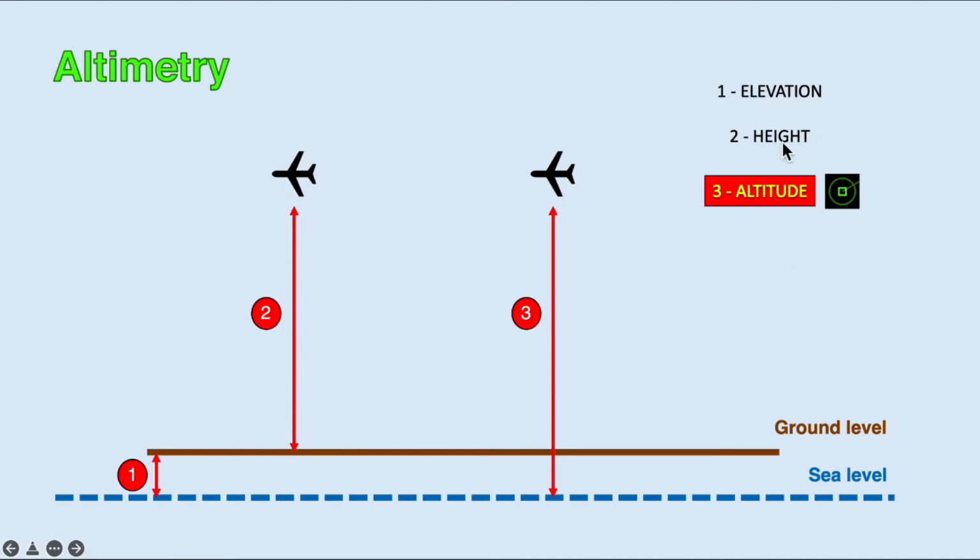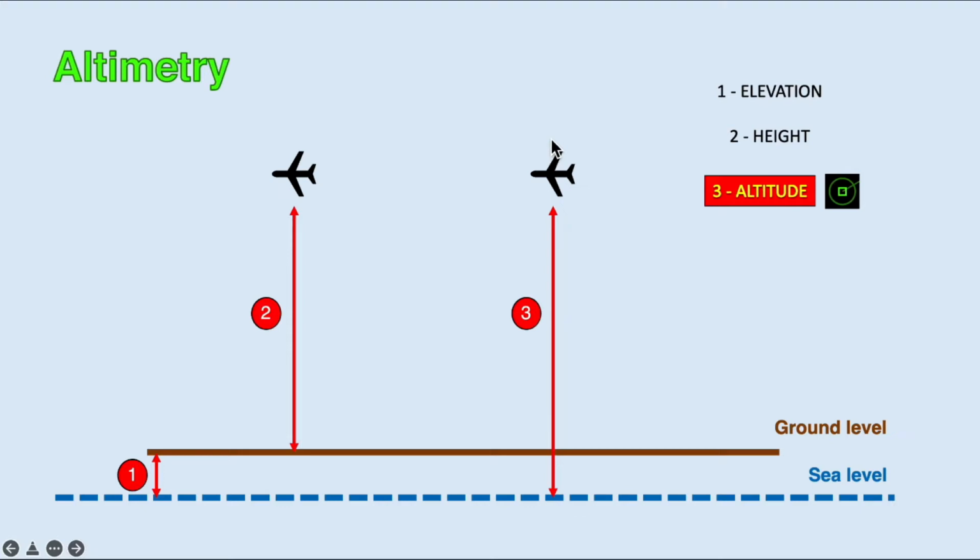When we're talking about height, we are talking about the distance between the ground level and the plane. And when we're talking about altitude, and I highlighted the altitude because this is the term that we use in aviation more, and of course we're going to use this term when playing Endless ATC, it is the distance between the sea level and the plane.